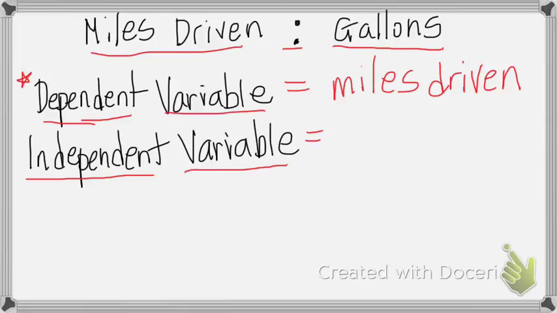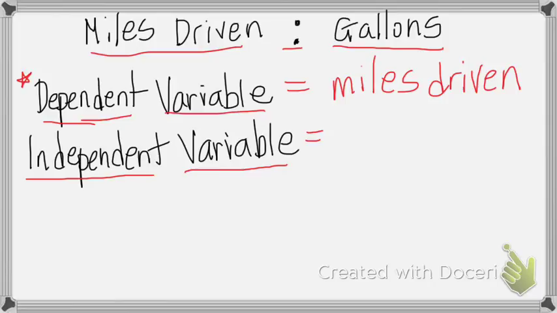Now, in terms of where they go on a coordinate graph, we may remember from the past that the dependent variable, this one here, is our y value.